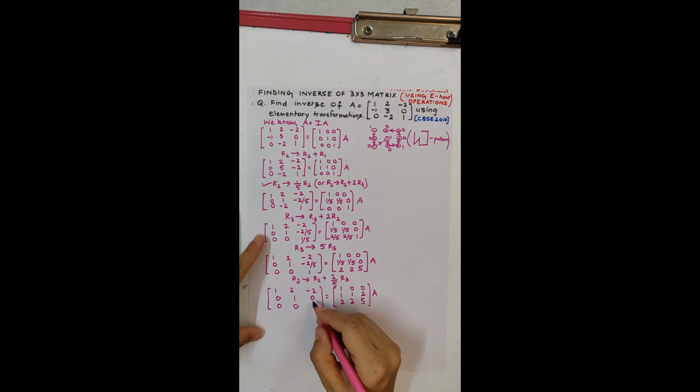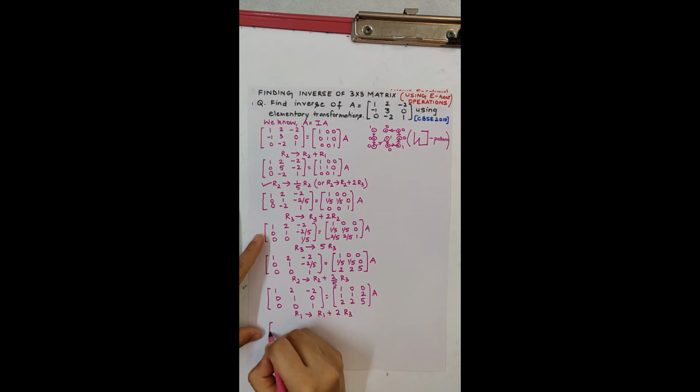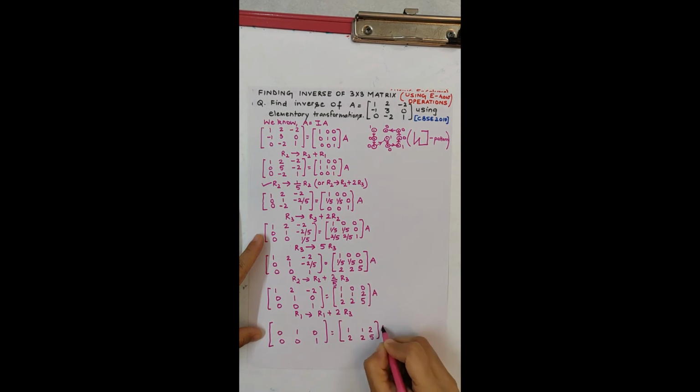Now what is the next thing that we have to do is make this entry 0. So what I can do here is that multiply this by 2 and then add to this. So we apply the operation R1 goes to R1 plus 2 times R3. Since R2 and R3 are not getting affected, so let's copy them down. This is 0, 1, 0, and here 0, 0, 1, and here on the right hand side we have 1, 1, 2, and 2, 2, 5, and this A as it is.